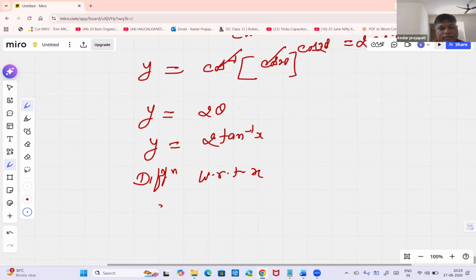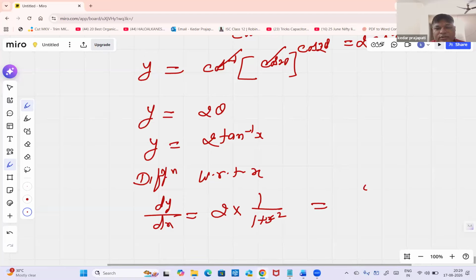You will get dy by dx is equal to 2. Differentiation of tan inverse x is 1 by 1 plus x square. So the final answer is 2 by 1 plus x square.